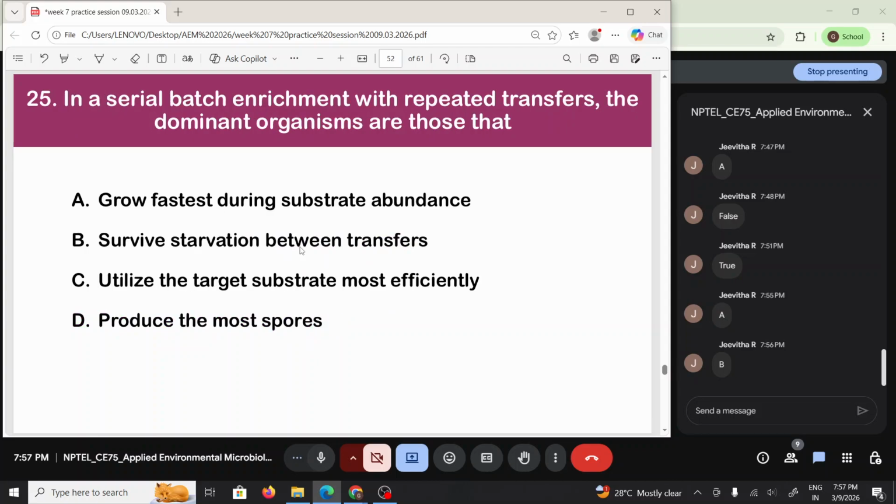So in a serial batch enrichment with repeated transfer, the dominant organisms are those that have which of the following properties? This is the last question for today. We'll just discuss this.